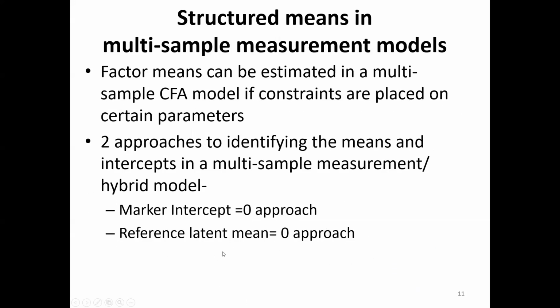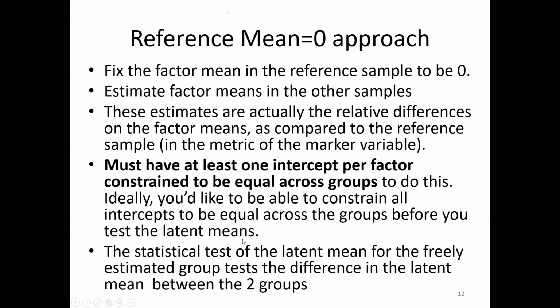But in multiple groups, as I already said, we can use this marker intercept approach or this reference mean equals 0 approach. So in the reference mean equals 0 approach, we can fix the factor mean in the reference sample to be 0. We estimate the factor means in all of the other groups. So when I say samples, I'm talking groups.